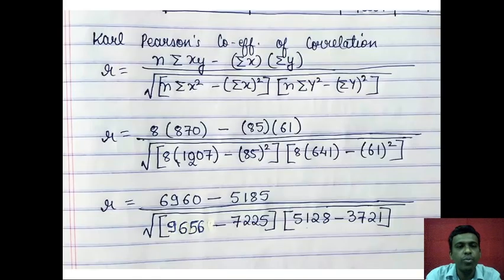What will you get in the numerator is 6960.